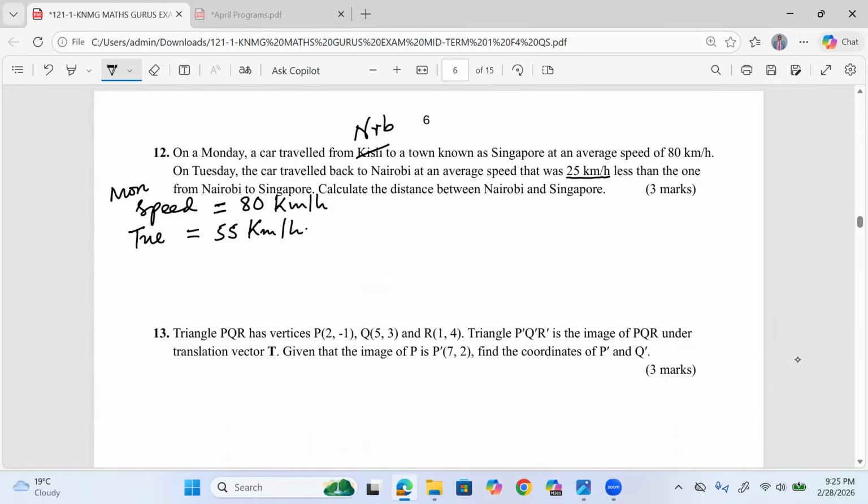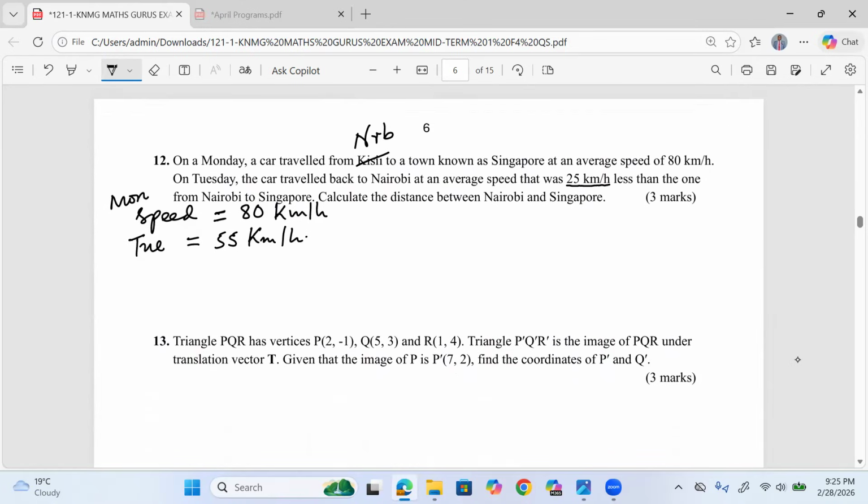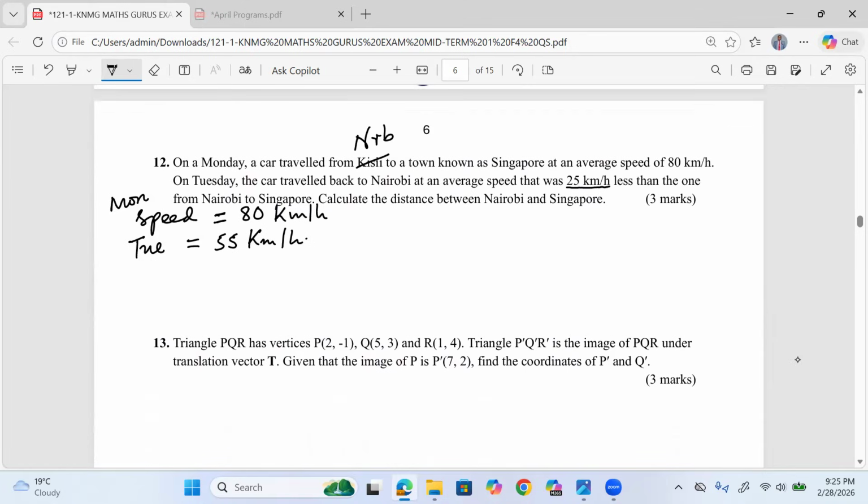Then there is some missing information here. Kindly allow me to read the statement that is missing. I find it in the marking scheme. We are told that on Tuesday, the car traveled back to Nairobi at an average speed that was 25 kilometers less than the one from Nairobi to Singapore, and took 45 minutes more.